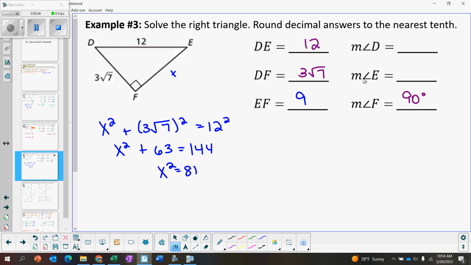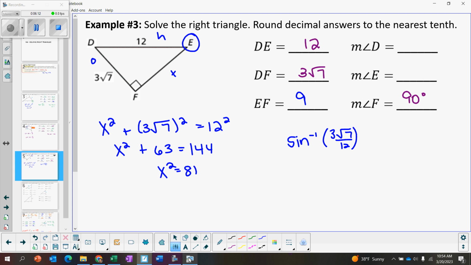And then I'm looking for either D or E, so let's do E. That's O. Oh, sorry, that's not A, that's H. So O and H is sine. We're going to look at the inverse sine of 3 root 7 over 12. If we wanted to turn this into a decimal, that's fine, but we're using our calculator, so you can put 3 root 7 on top of the 12.